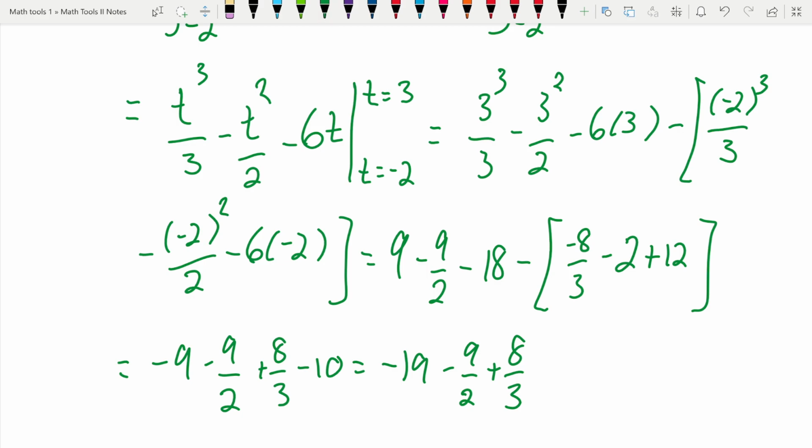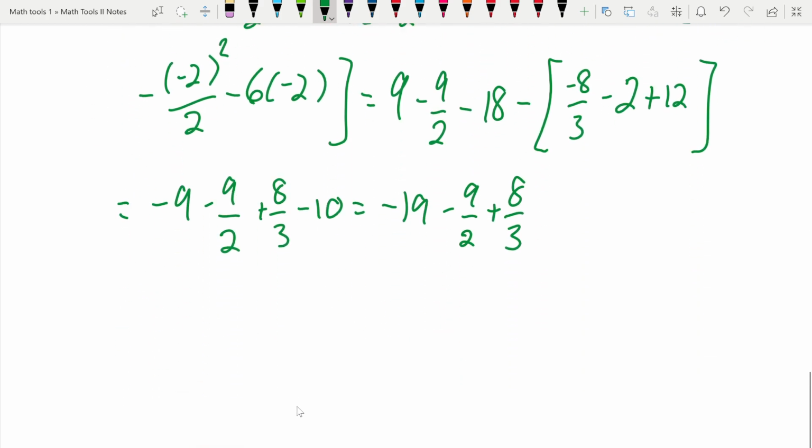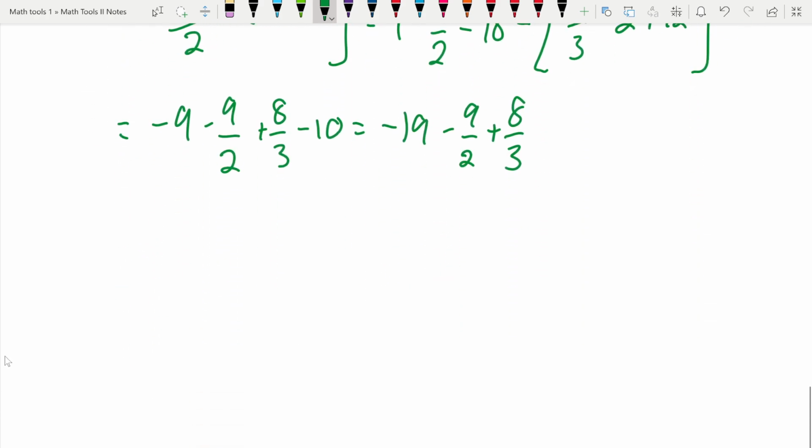We could probably just leave it like that. At this point, you can just throw it in a calculator, or you can find a common denominator. I'm never super worried about the exact answer, just about the process here, right? So at this point, you just throw that in a calculator. Assuming that we didn't make any arithmetic errors along the way, of course.